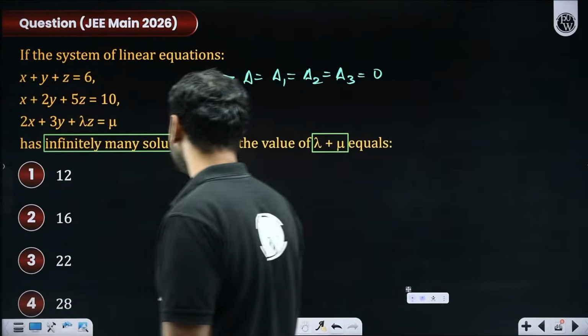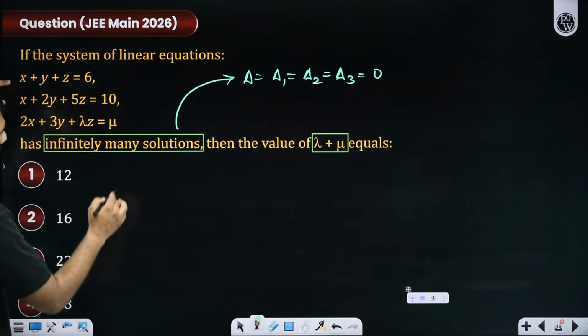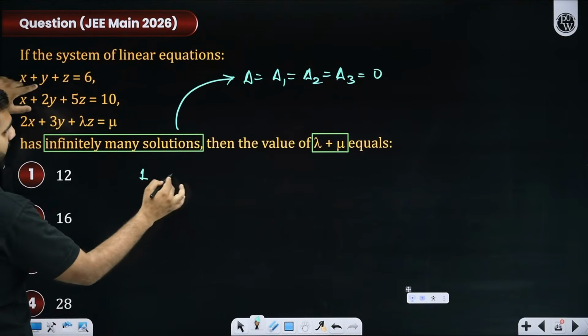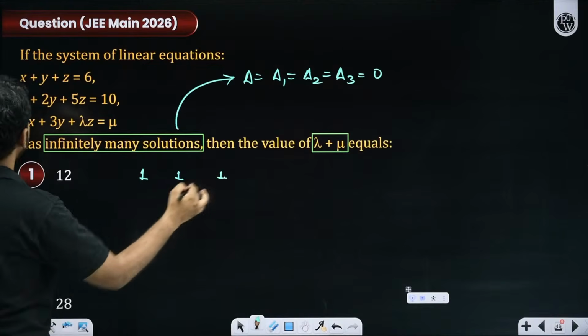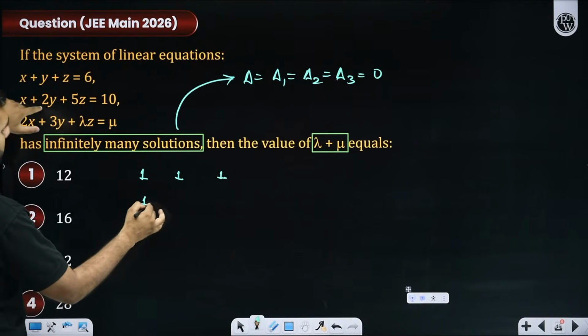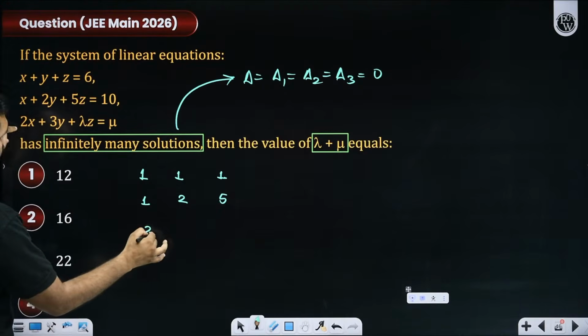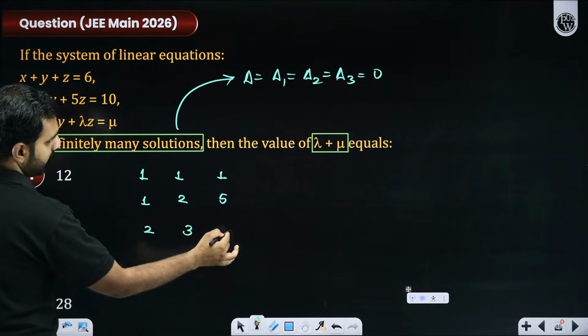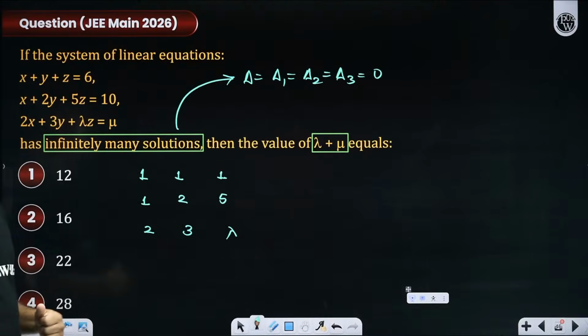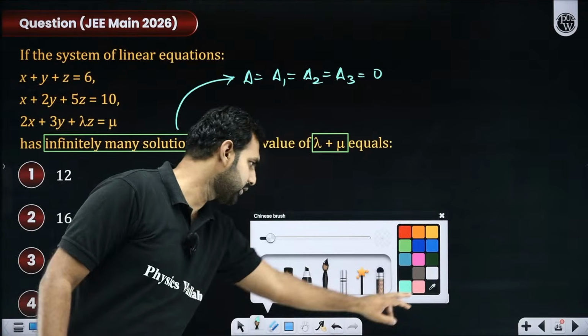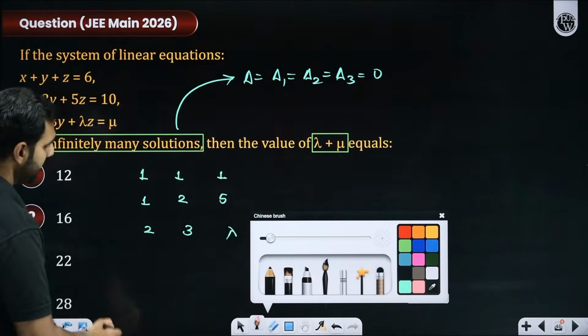What I'll do first is, sir, I'll find delta. What is delta? Delta you define as 1, 1, 1, then 1, 2, 5, then 2, 3, lambda. Can I use Sarrus rule for expansion here so that we can very quickly do that? So I'll repeat the first 2 rows.